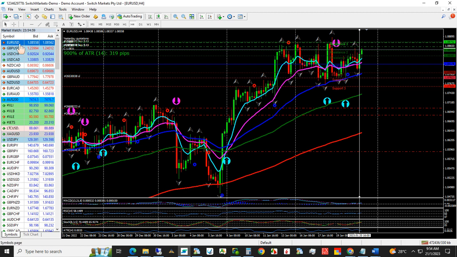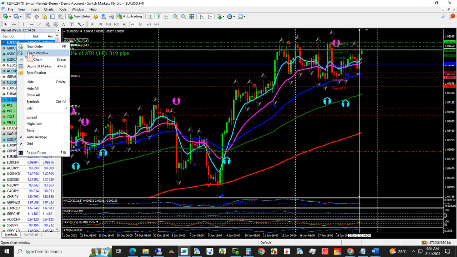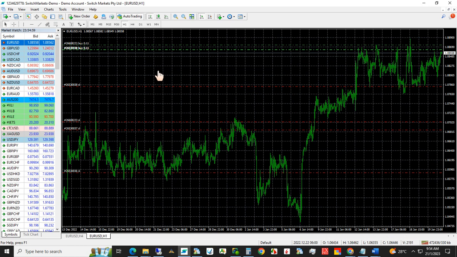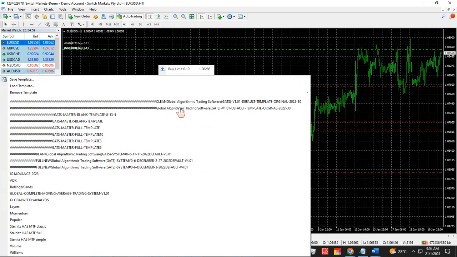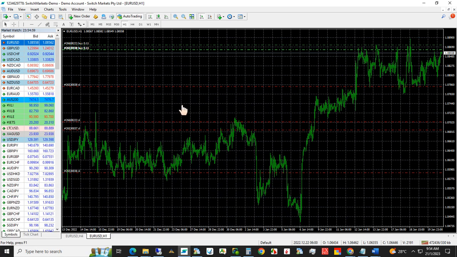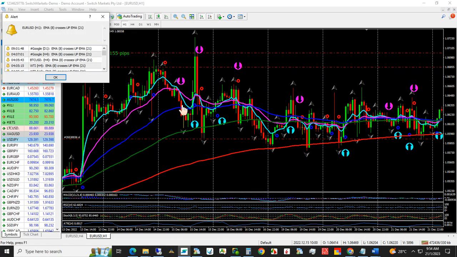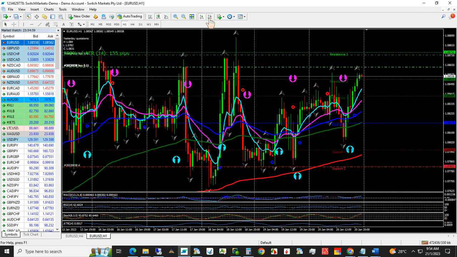So if I put this same, so this is 1 hour, let me load that system on the 1 hour. And when we save it, all I need to do is just go and load it. So let's look at what is happening here.